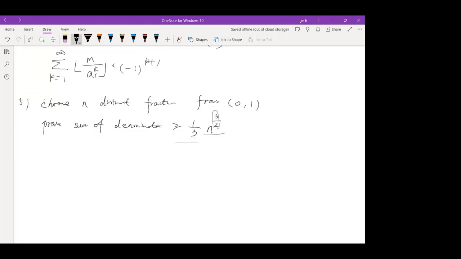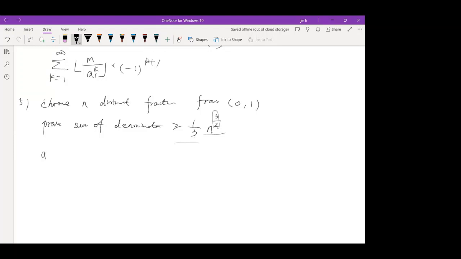Right, so the sum of this is n to the 3/2 power.